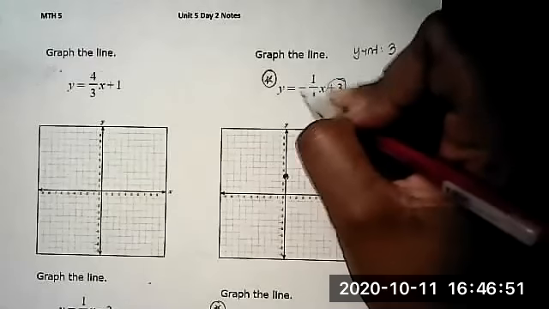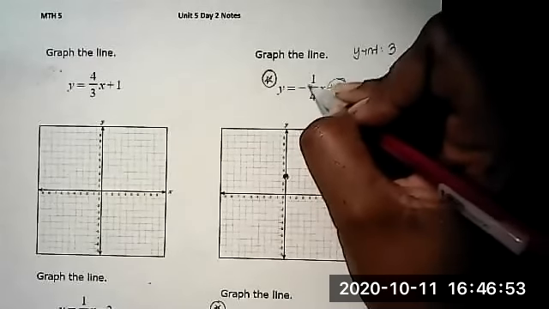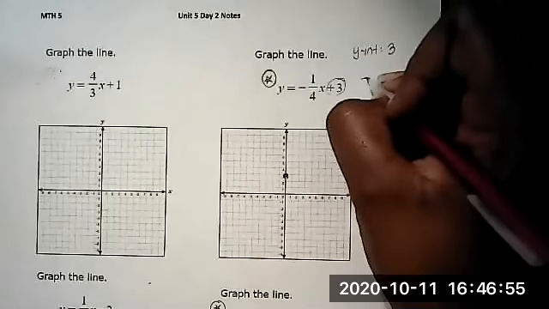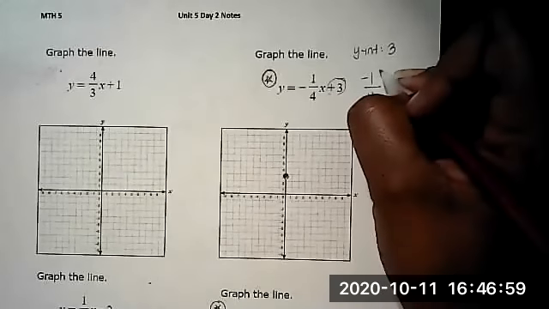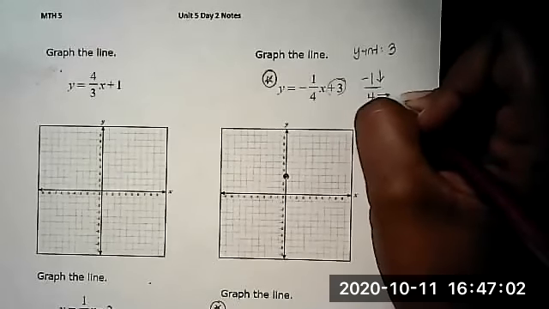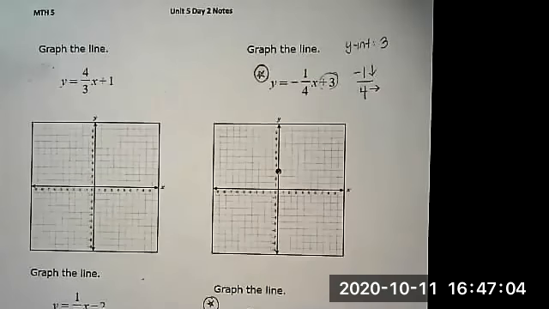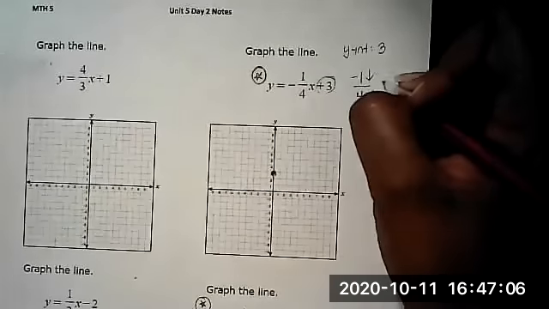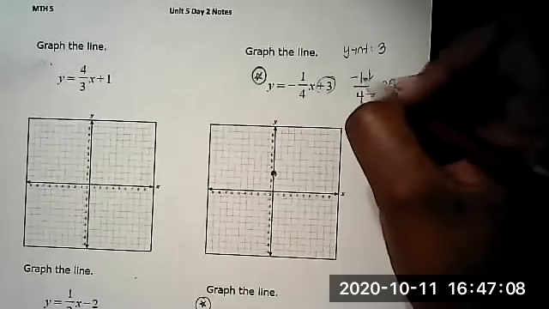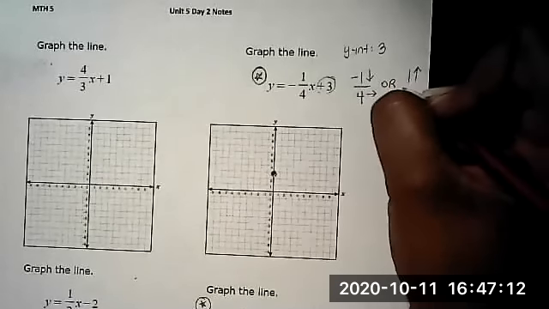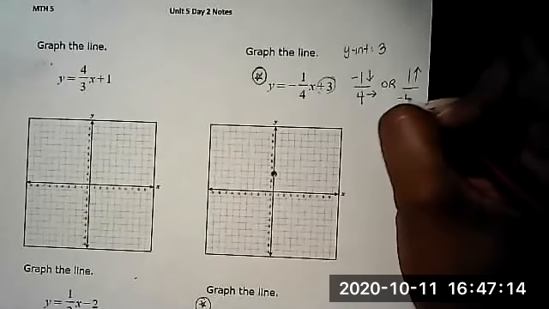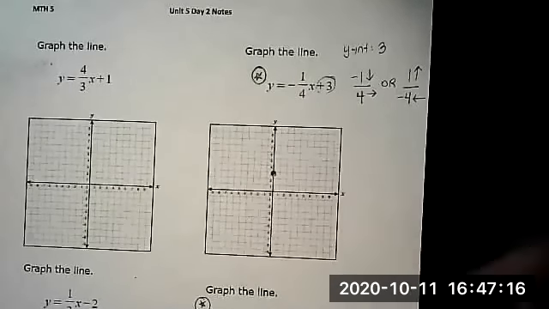Now, when your fraction is negative, put it at the top first. So this will be -1 over +4, which means down 1, right 4. Or remember we said the opposite's always true. Also true: +1, which is up 1, and then left 4.